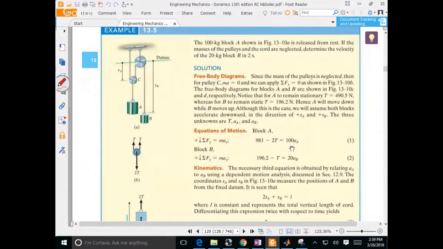So what you have to do is a free body diagram on one of them, block A, then block B. So you have 2 individual equations. But it turns out that because of the length of the rope having this relationship, and I always include that delta, you take 2 derivatives of it, and now you've got the acceleration of one of these blocks related to the other.